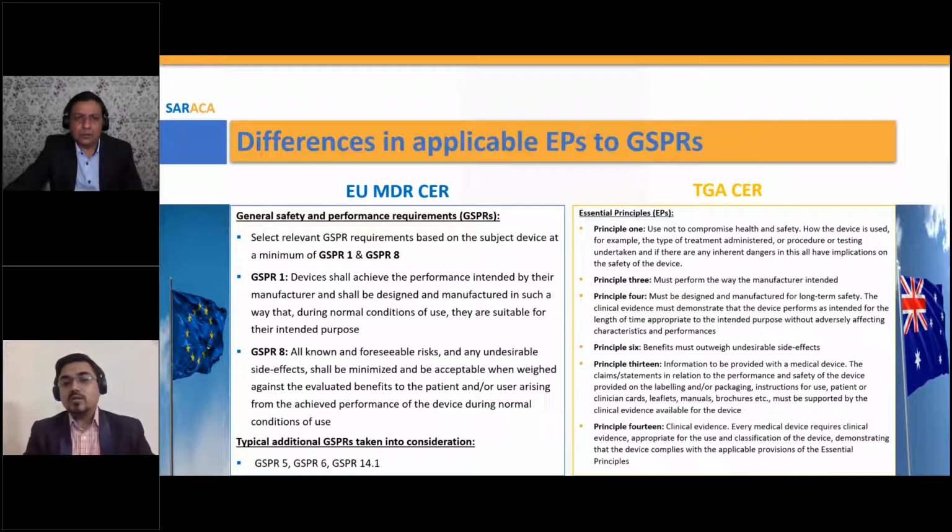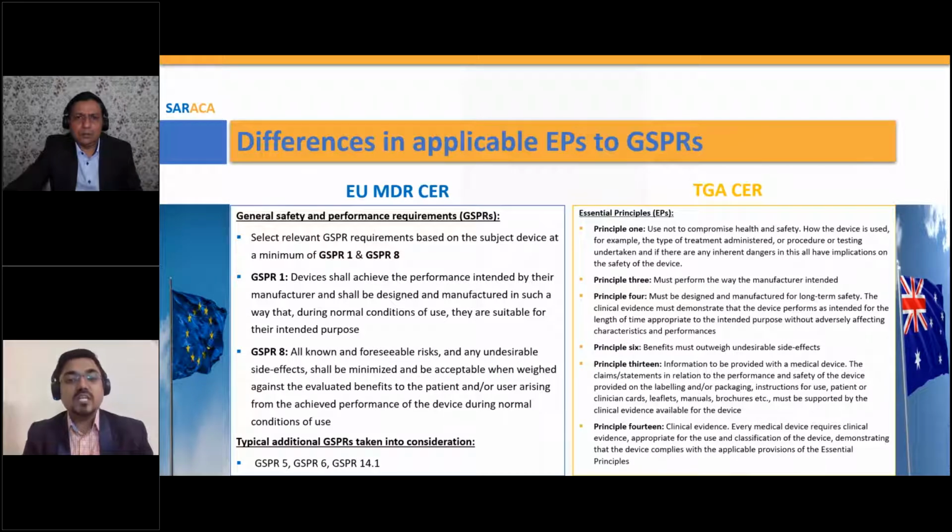Then principle 4: must be designed and manufactured for long-term safety. It means the clinical evidence must demonstrate that the device can be used for a longer time period without adversely affecting its characteristics and performance. So this is also a requirement for safety. Then principle 6: benefits must outweigh undesirable side effects.